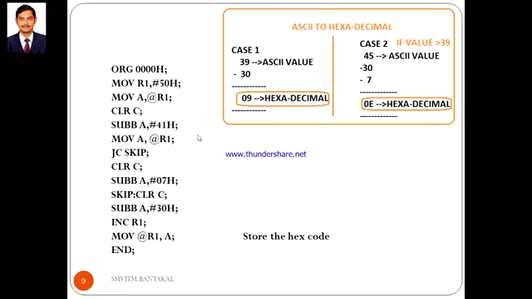If it is so, we have to subtract only 30H from the data. If the data is greater than or equal to 41H, then we have to go for subtraction of 30 and minus 7.